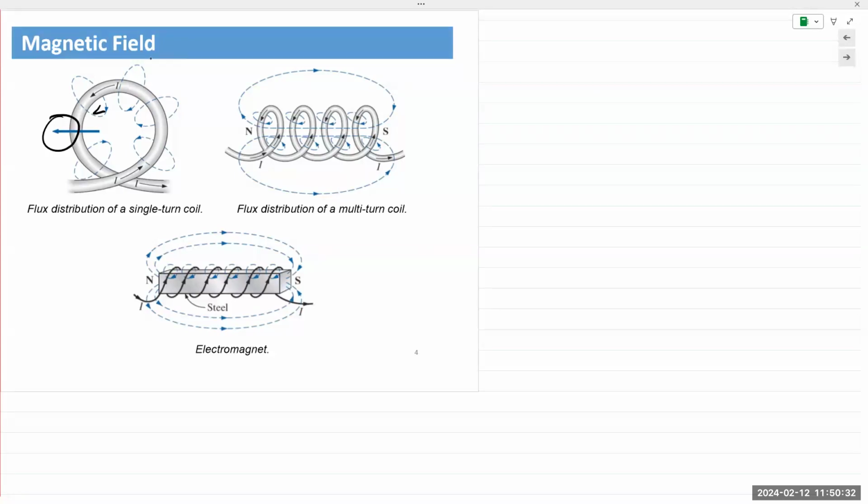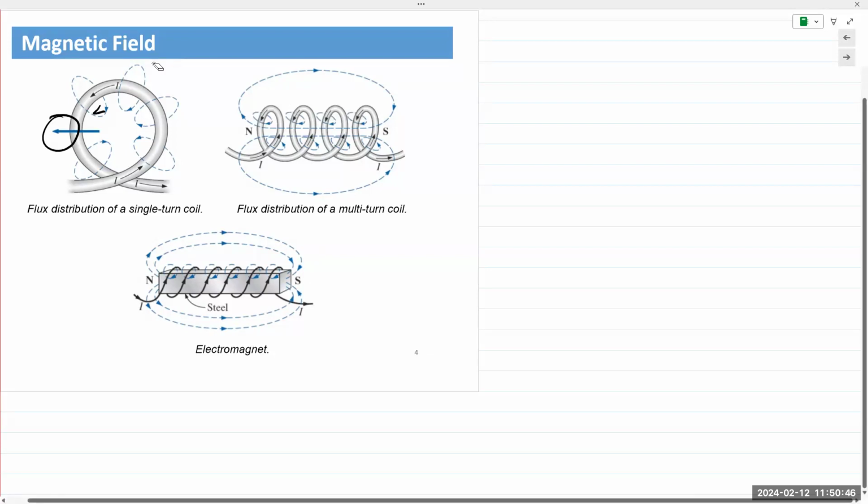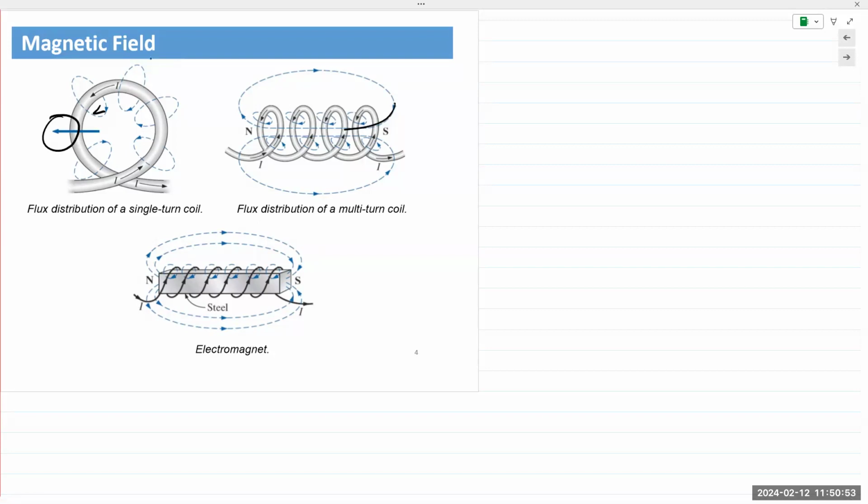If you now form multiple loops of that same current-carrying conductor, the magnetic flux lines align. Of course, each loop has individual ones, and we're only showing some of them, not all of them. But there's a larger line that goes through the center of that coil. In this illustration, those flux lines form a closed oval or a closed circle, so there is no beginning or end to those lines.